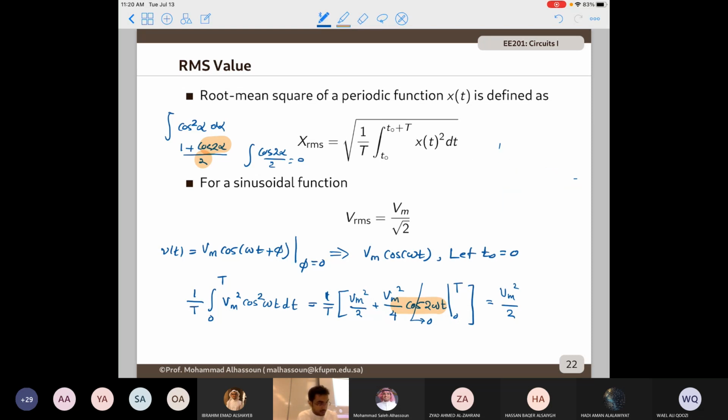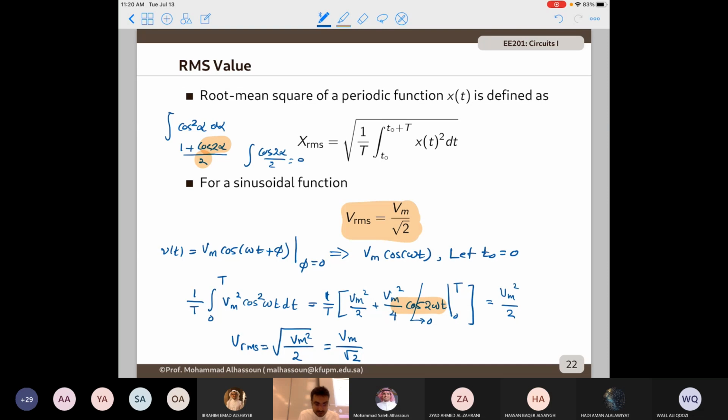Okay, now we calculated this one. Then the RMS value, remember, is the square root of what we calculated. So we'll get Vm divided by square root of 2. So the RMS value is this one, and it's only going to change one thing here: the amplitude.